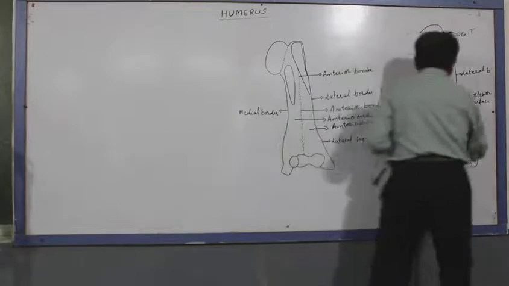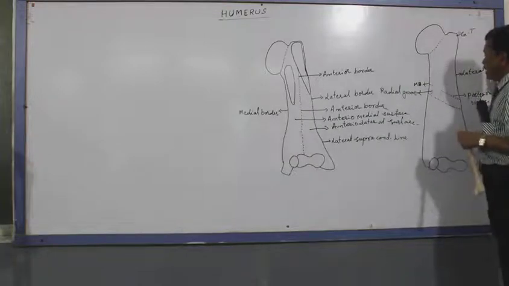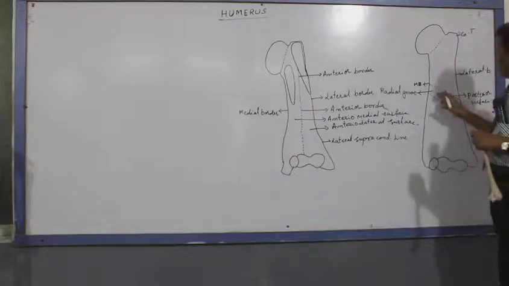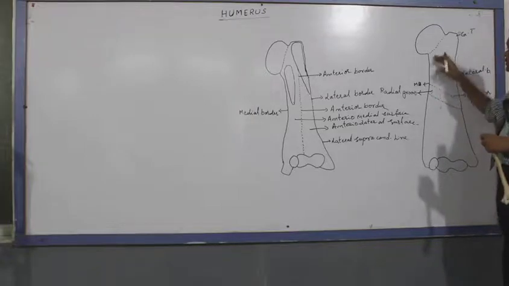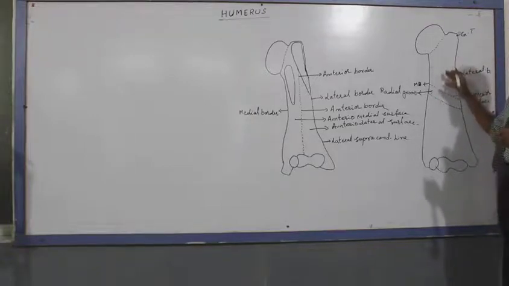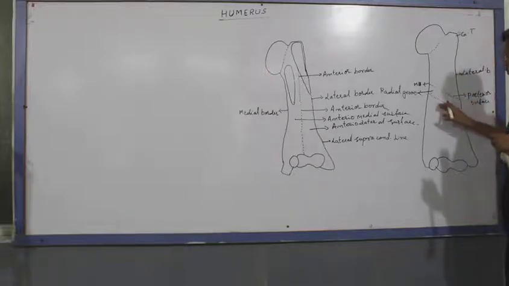The radial groove divides the posterior surface into two, and superior to this is the upper part of the posterior surface of the humerus, and below the radial groove is called the inferior part of the posterior surface of the humerus.